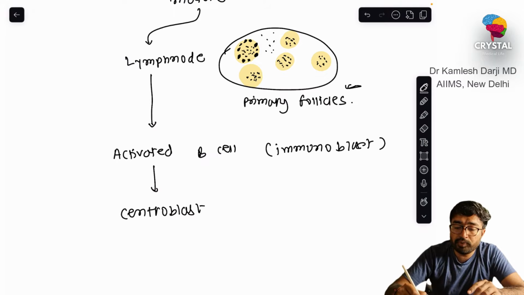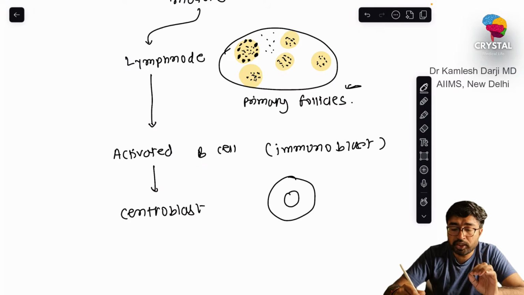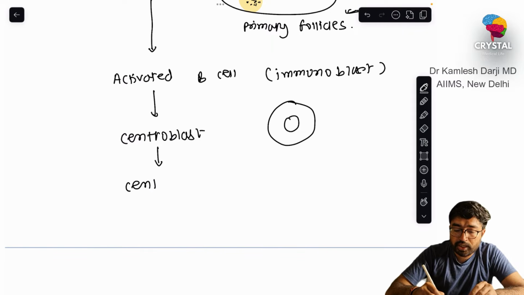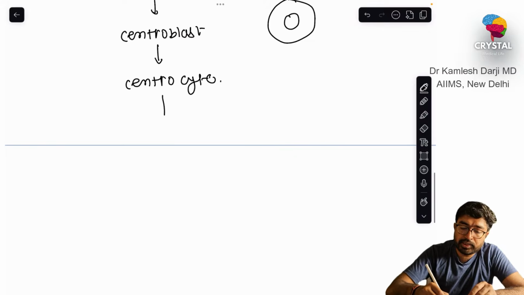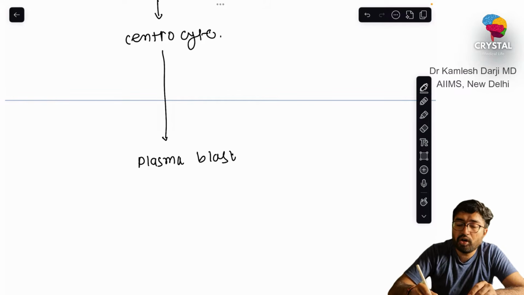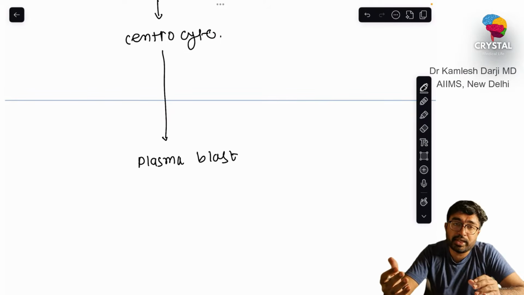Now it will form the secondary follicles like this. The center is a germinal center, and the outer is the mantle zone or marginal zone. This centroblast will produce the centrocyte, and after that this centrocyte will produce your plasma blast, or it can produce a memory B cell also.